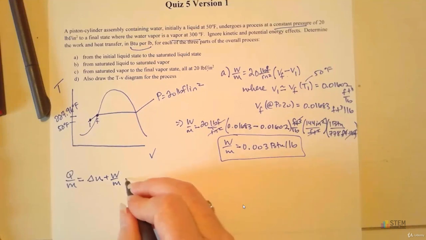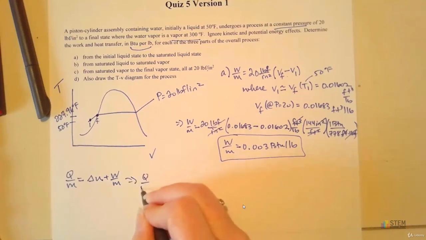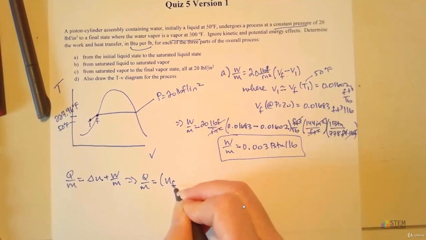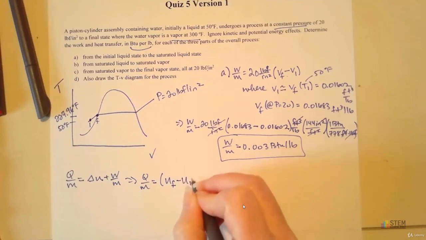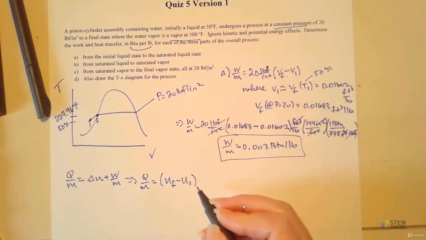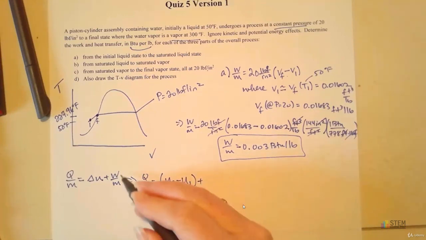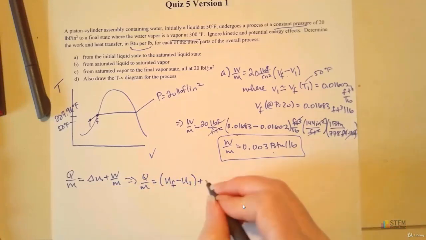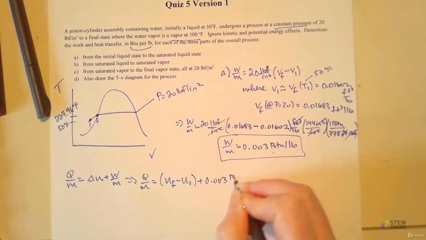Using that, we could say we have the specific internal energy at point F, because that's our final point. We're going to subtract u at point 1, and then we're going to add to that the work per mass, which we just found right here. And that's BTU per pound.